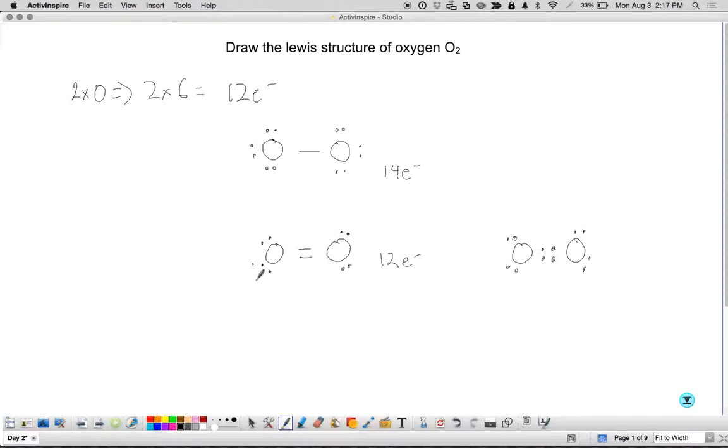Okay, so double bonds are often found in compounds containing nitrogen, oxygen, or carbon. Okay, they're very common in those compounds. So one of the things that we'll talk about a little while later is that because we're sharing 4 electrons instead of 2 electrons, multiple bonds are actually stronger than single bonds.